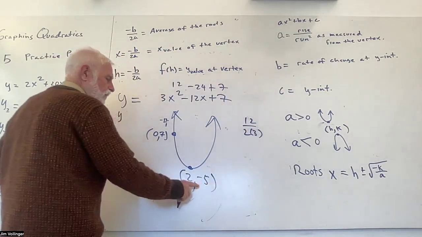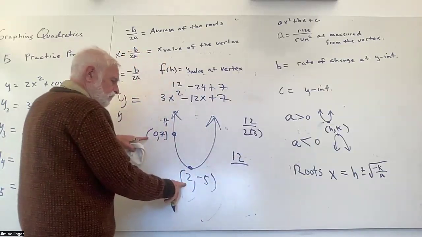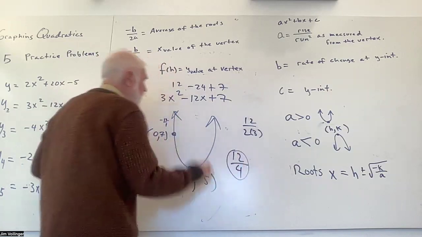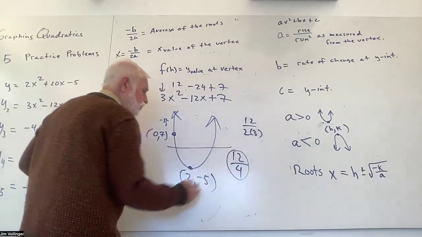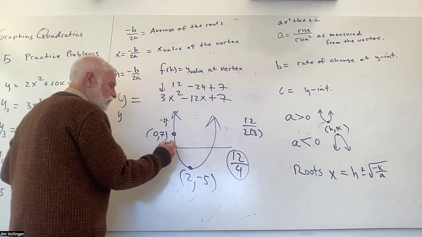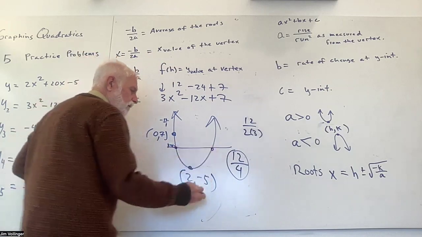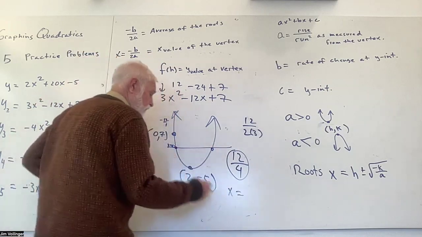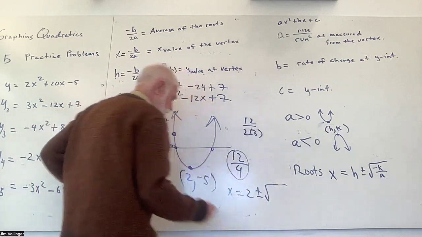Again, what's the range here from negative 5 to 7? 12 units. What's the square change from 2 to 0? 4. 12 divided by 4 giving us that value. Do we have real roots? Yes, we do. 0 is less than 7, so y equals 0 is bigger than negative 5. We have real roots. What are they? Those x values are measuring from 2 plus or minus the square root of the change.